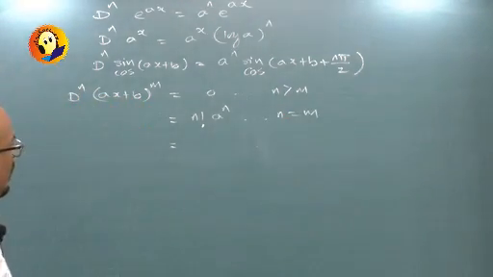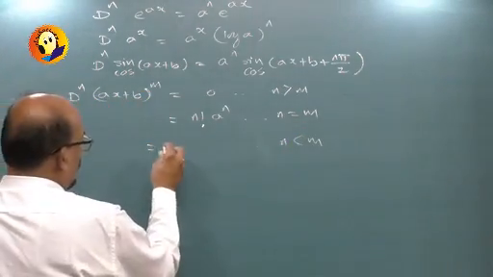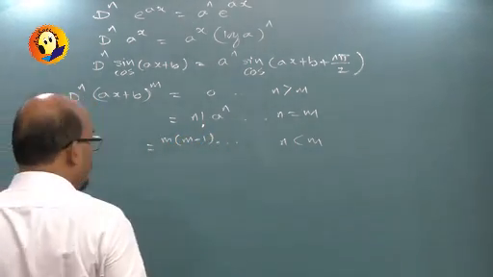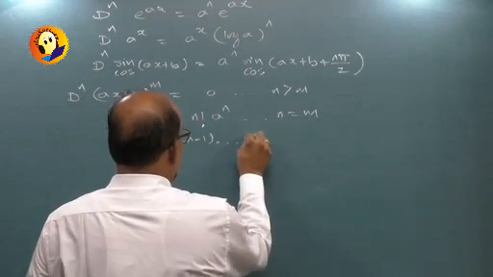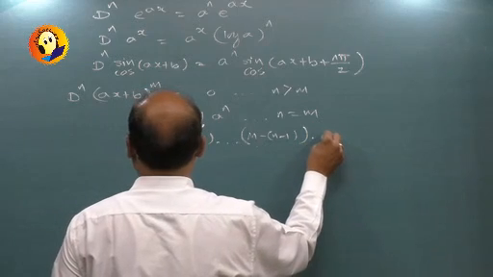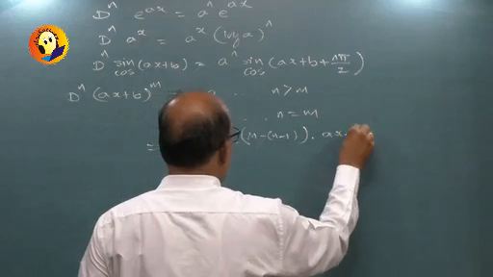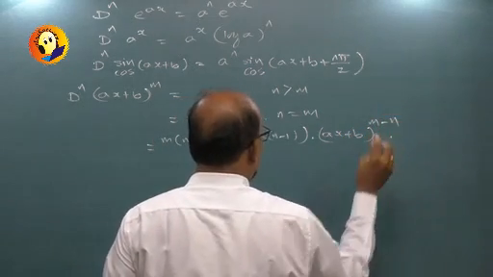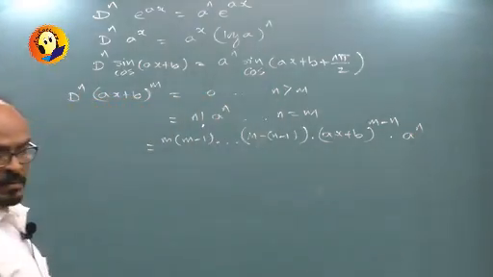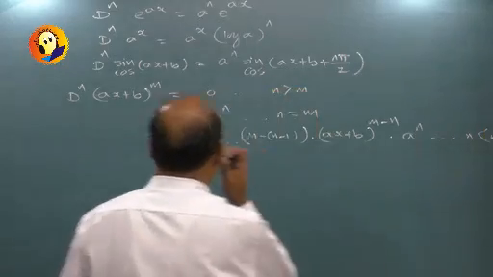And then when n is less than m, it will be m into (m minus 1) etc. up to (m minus n plus 1), into (ax plus b) raised to (m minus n) into a raised to n. That's it, right? That is the case when n is less than m. Fine.